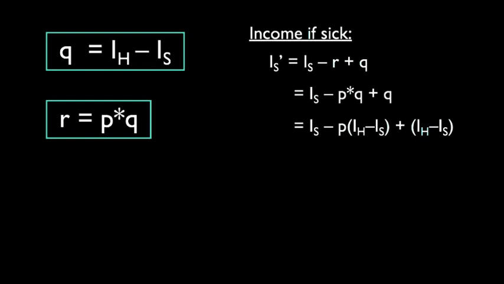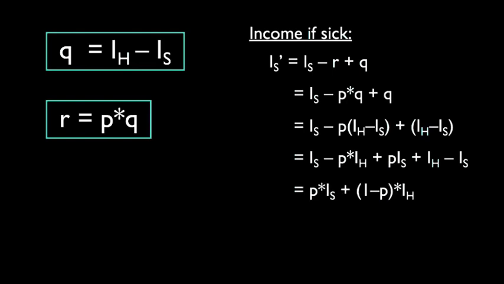From there, we can distribute the P. Then we can cancel out the positive IS and the negative IS. Finally, that just yields P times IS plus 1 minus P times IH.